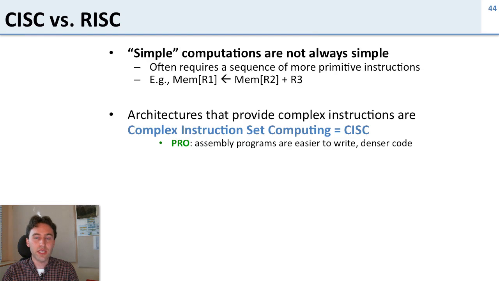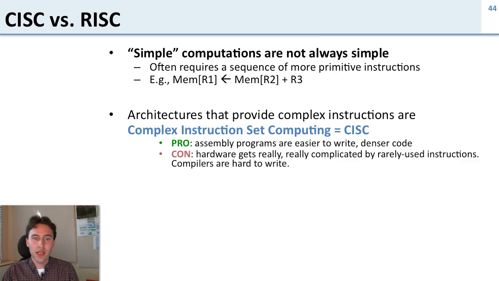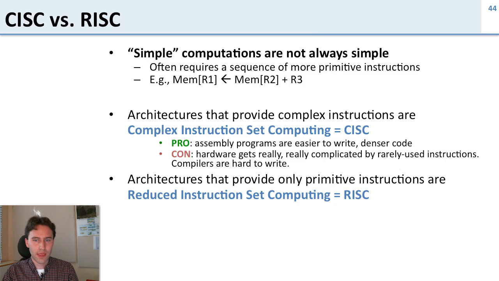The benefits of these are it's easier to write assembly level programs and you get much denser code because you can choose exactly the complex instruction you want. The cons are the hardware is extremely hard to build. And often you have rarely used instructions that make it hard to make, and the compilers have a hard time using them. So for example, x86 has instructions for manipulating strings, but it's really hard to use a string instruction for anything other than strings.